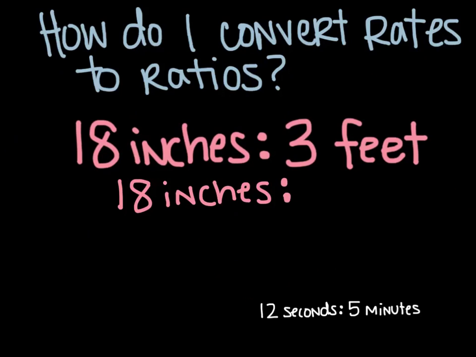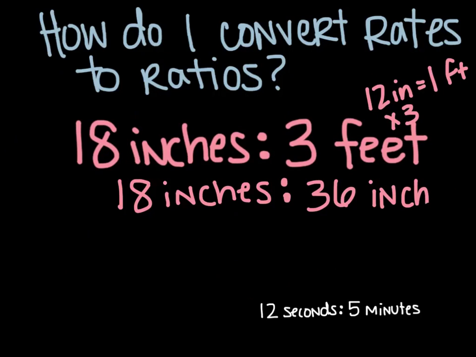How many inches are in feet? Well, I know 12 inches make up 1 foot. So if I have 3 feet, I'm really just multiplying that by 3, which will give me 36 inches. Okay, and rates and ratios, they all have 3 different ways that they can be written. I can simplify this also, which I should do.